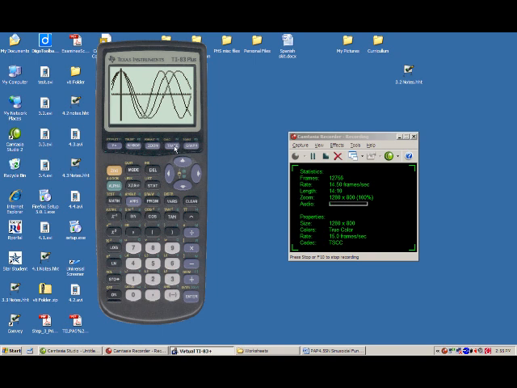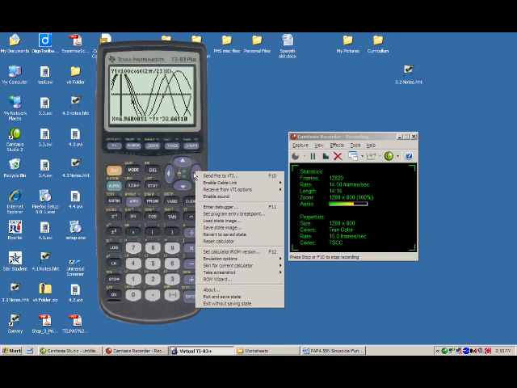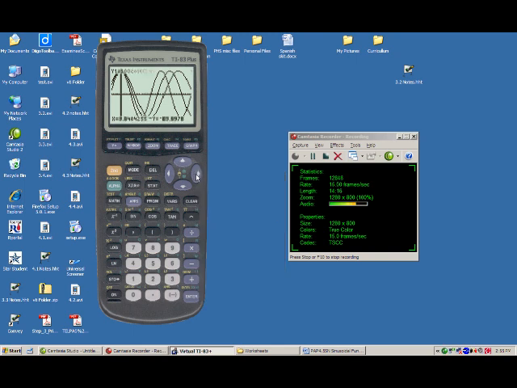Now, I have seen students before hit the trace button and go to the right, wanting to see if they can go right far enough to see it. Other students say, oh, I know a shortcut, I'll go to the window and extend the window out, and then everything gets scrunched up and it may take a long time.